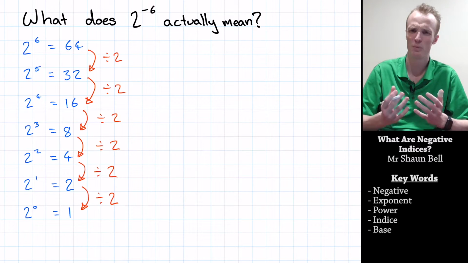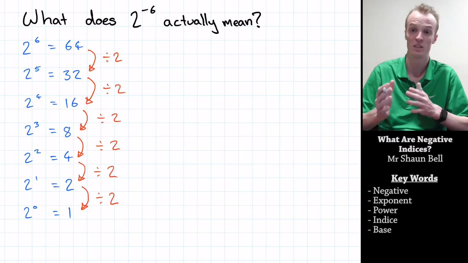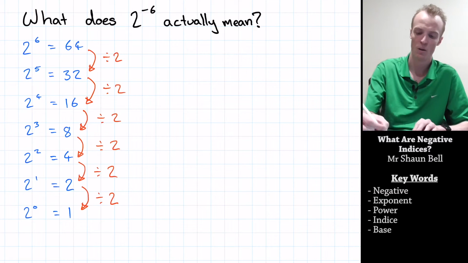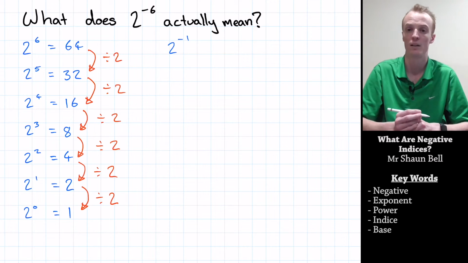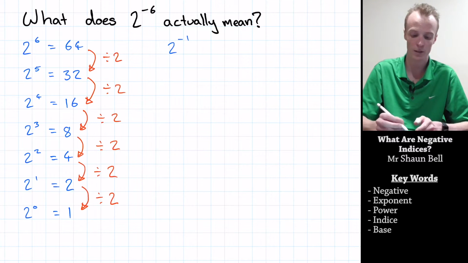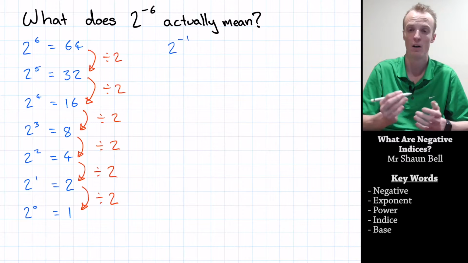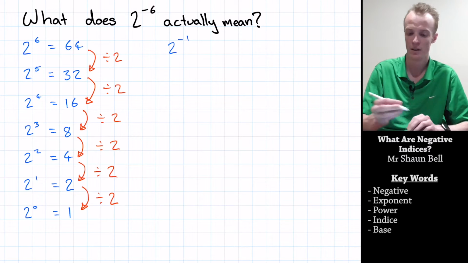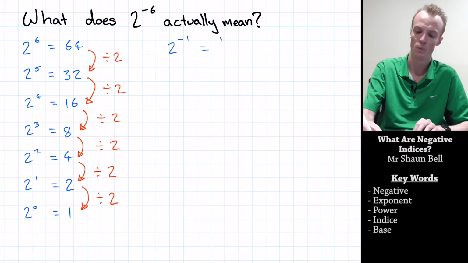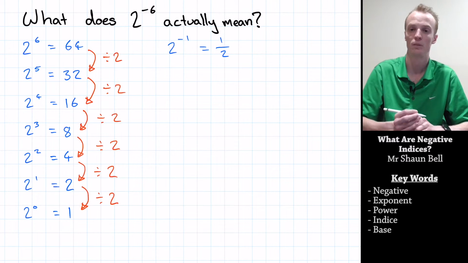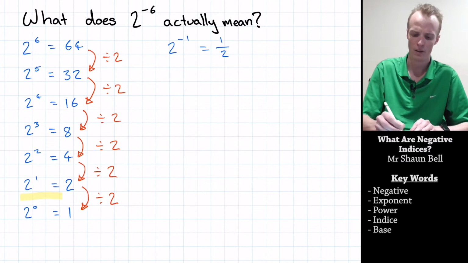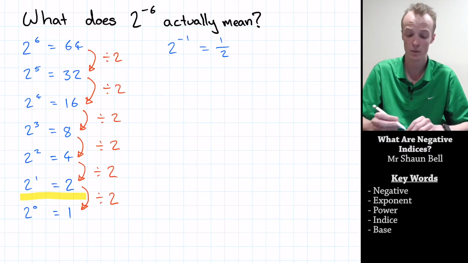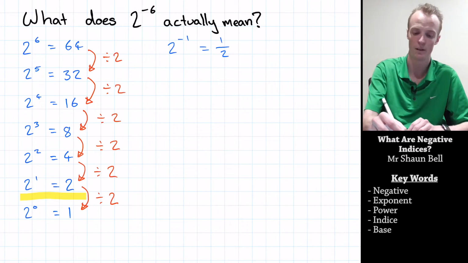So, if we were to propose that this pattern would still continue, what would 2 to the power of minus 1 be? Well, we would take 2 to the power of 0's answer of 1 and halve it, which would mean it would equal 1 over 2. But we know that 2 is equal to 2 to the power of 1.